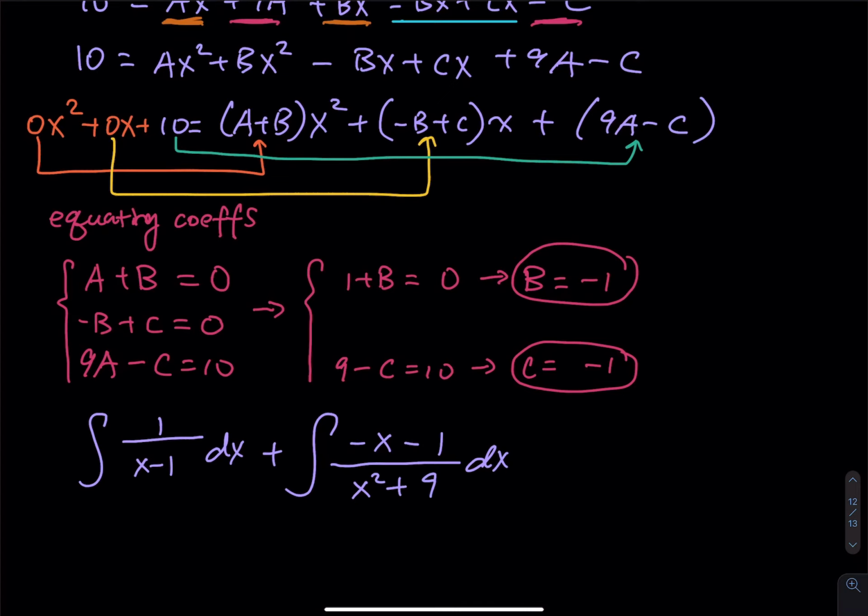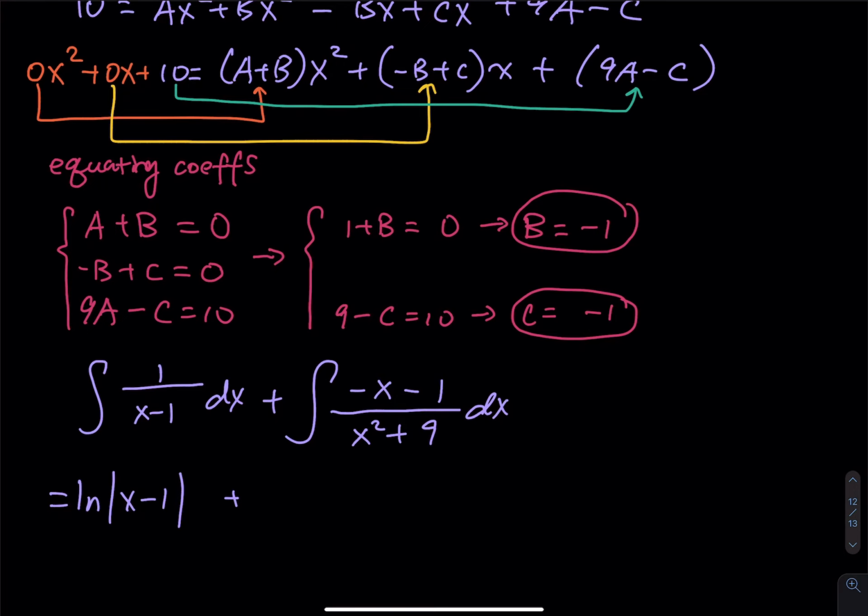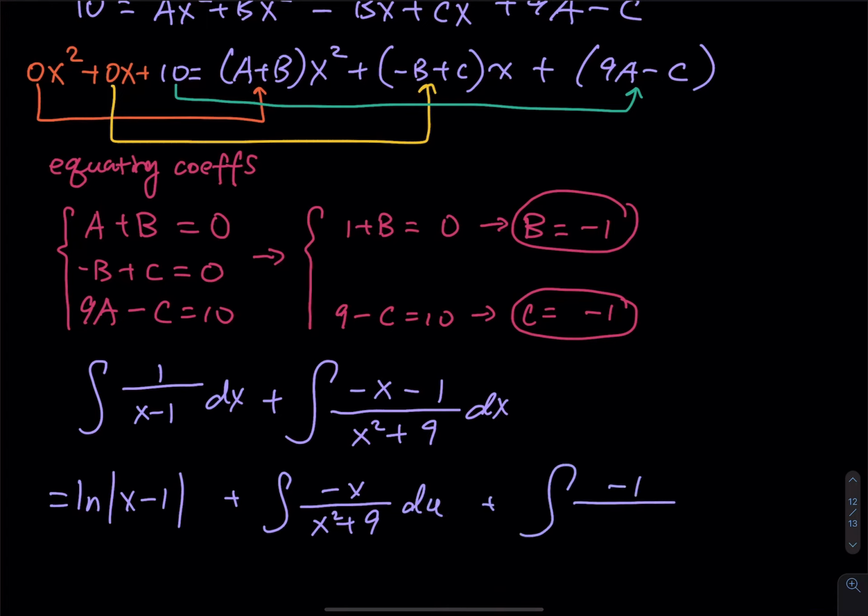All right, the first one is just ln absolute value x minus 1, right? The second one, you can divide into two fractions. The first one is negative x divided by x squared plus 9, that is a u substitution, and then negative 1 divided by x squared plus 9, that is our inverse tangent.